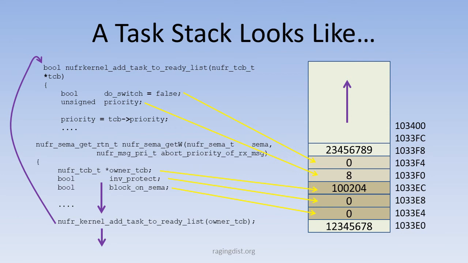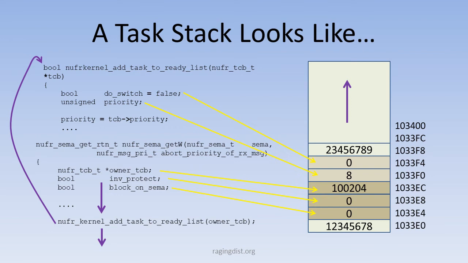A stack is, I believe the correct term is, a LIFO type of queue. When you put data onto it, in this case, the data is stacked, and this is where we get the term stacked. It's put on it from the bottom up, and then it's taken off from the top down.